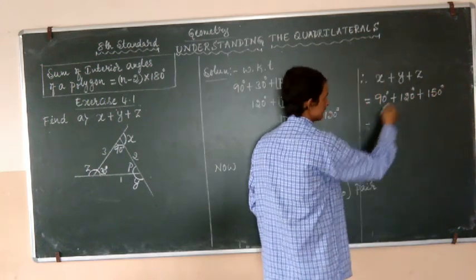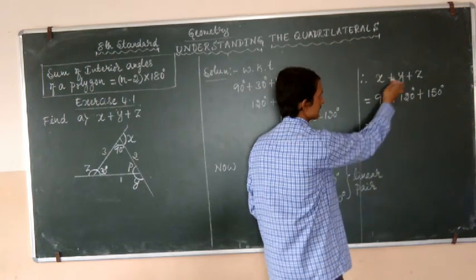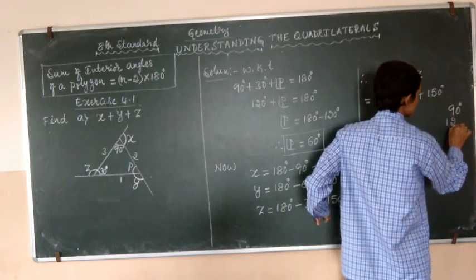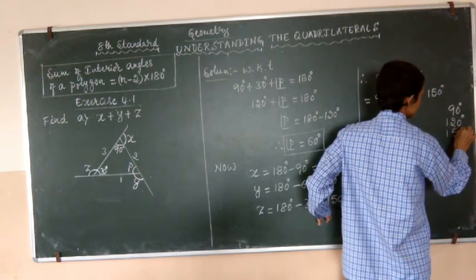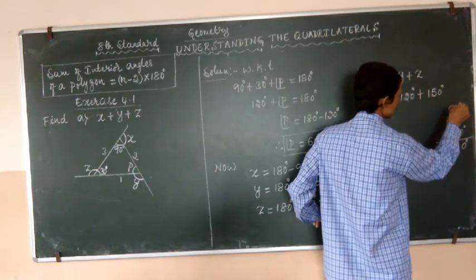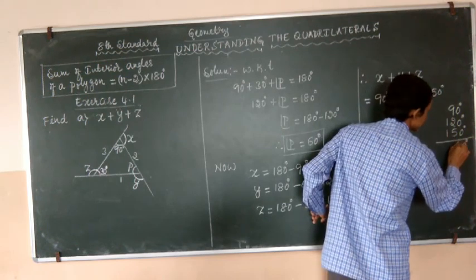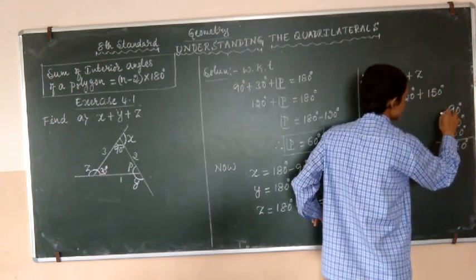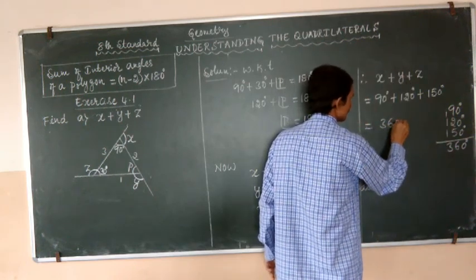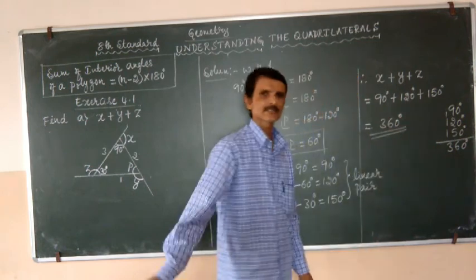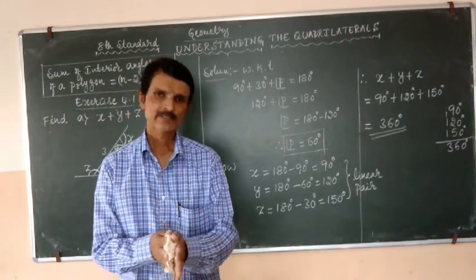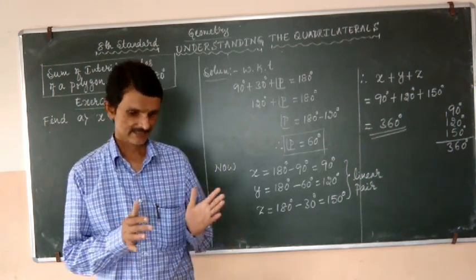So if you add these three angles, 90 degree, 120 degree, 150 degree, you will get the sum of x, y, z. It will become 360 degree. Therefore, the sum of angle x plus y plus z will be equal to 360 degree.